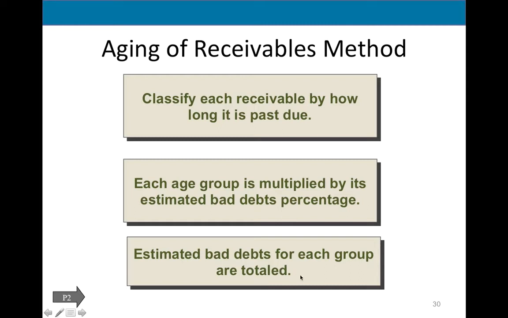And then we will total them up, and we will follow the same steps. That total will be our desirable balance of ADA. We will look at the beginning balance of ADA, and then we will make an adjusting journal entry. So when we use aging of receivables, you still debit bad debt expense, credit ADA. The accounts do not change. Just the way we calculate the amount will be different.